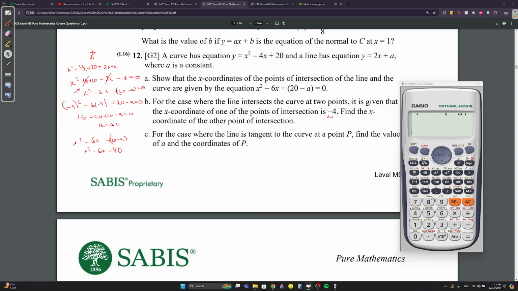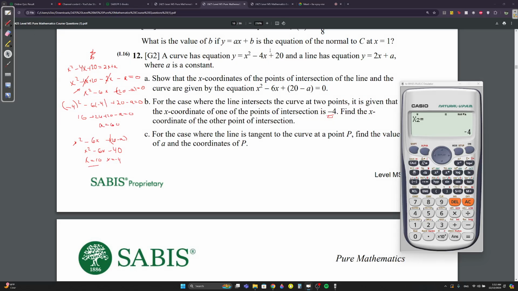Okay. So put this in equation mode. You can get 10 and minus 4. So x equals 10, x equals minus 4. They give us minus 4. They want the other one. So it's going to be 10.